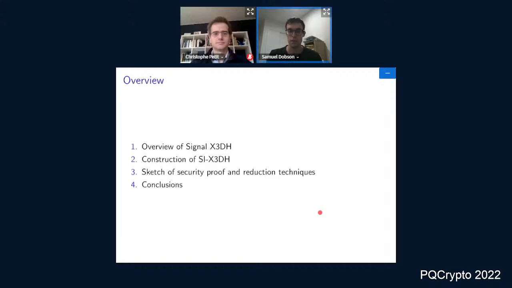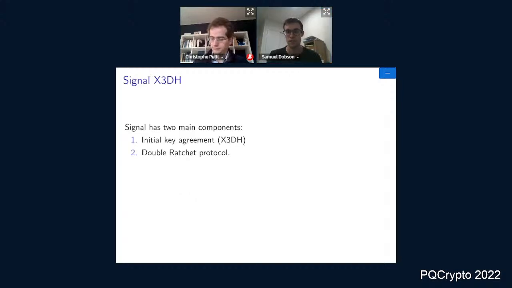So with that, I will quickly talk about the existing Signal X3DH protocol, then talk about our new protocol, and then a brief discussion about the security proof and reduction techniques, which are kind of independent of SIDH. So as you might already be aware, Signal has two main stages in the protocol.